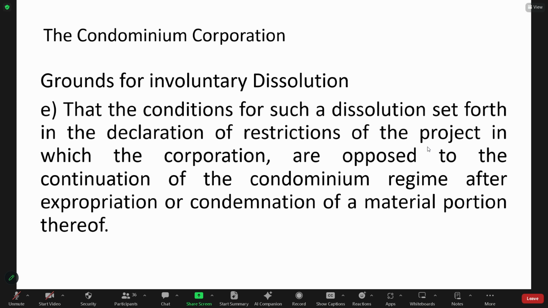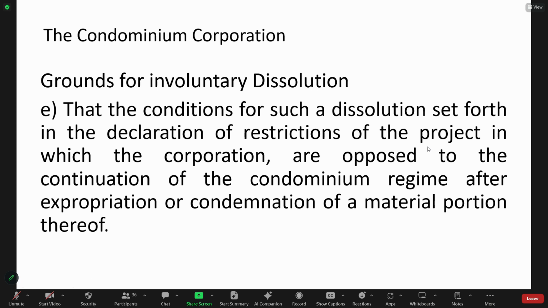Okay. All right. Sabi lang naman dito, conditions, no? Na nakasulat sa Declaration of Restrictions, continuation of the condominium after expropriation condemnation of a material portion thereof.